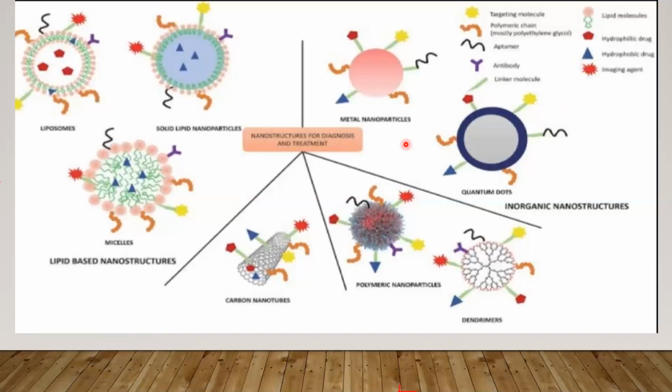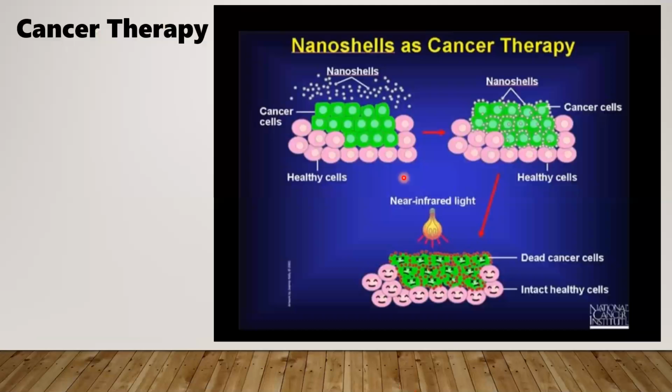Now let us discuss the application of nanomaterials in a specific disease, that is in cancer therapy. Genes control the growth and division of cells. If genes are damaged, the cell growth is uncontrolled and obstructs, means blocks, the normal body functions, leading often to death.